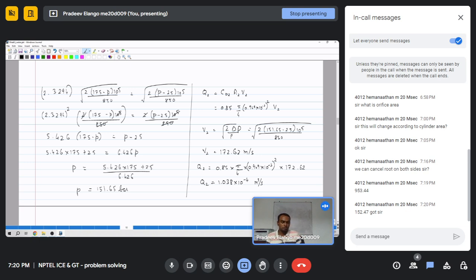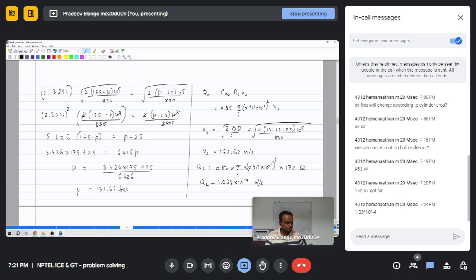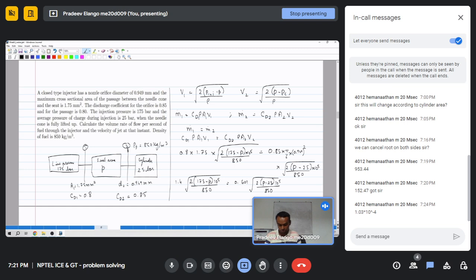So any questions? This pressure is the intermediate pressure between the line pressure and the cylinder.